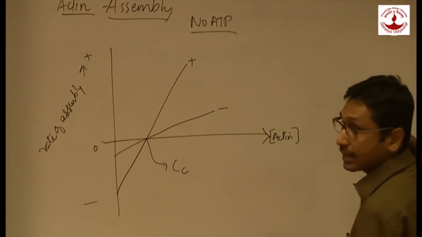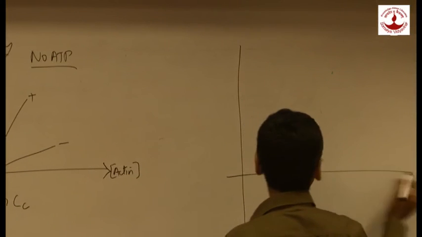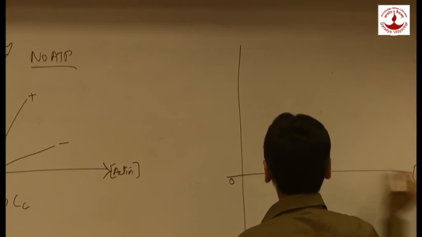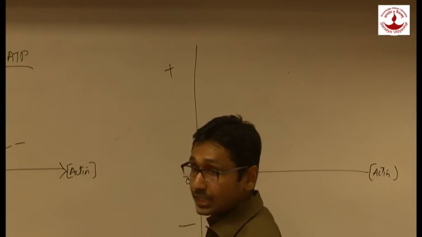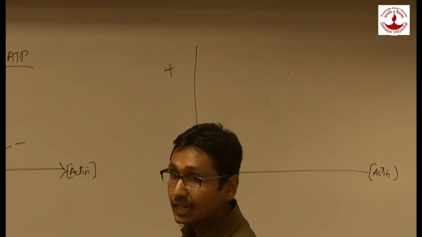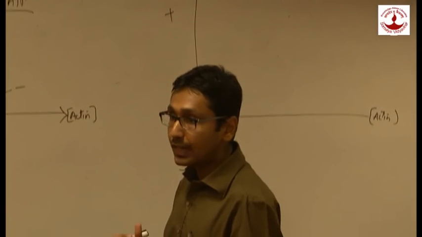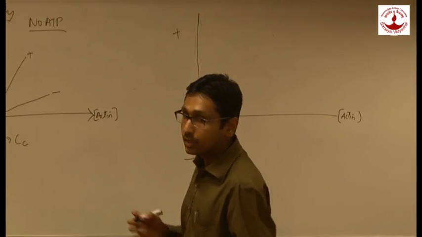And in a real situation where there is ATP, you have a graph like this. The addition of ATP, as I said, makes the filament unstable and allows the two ends to behave independently of each other. So it is related to the polarity of the filament.